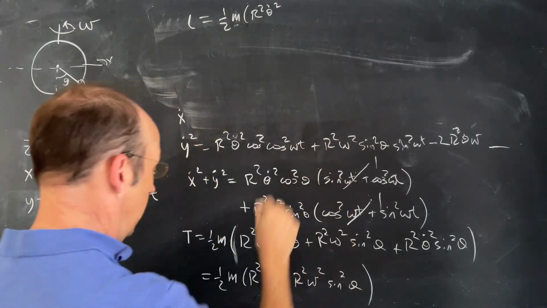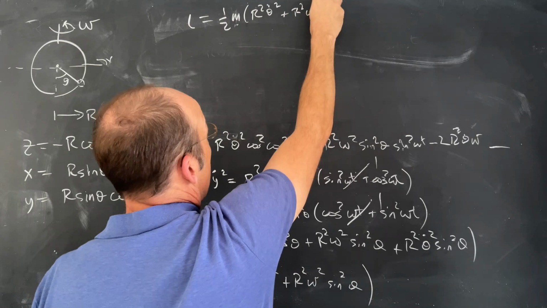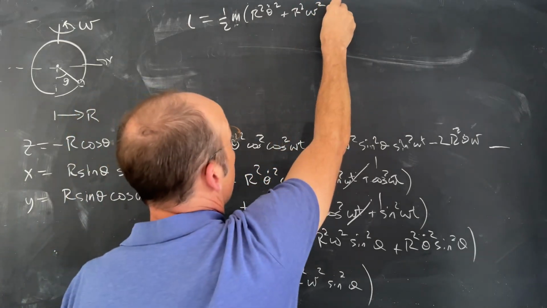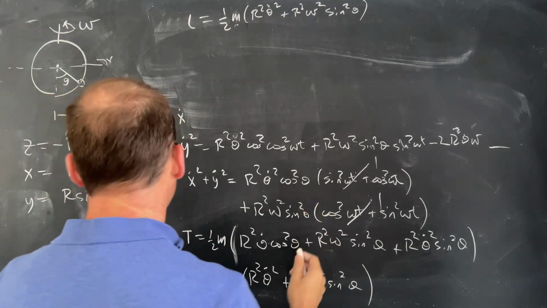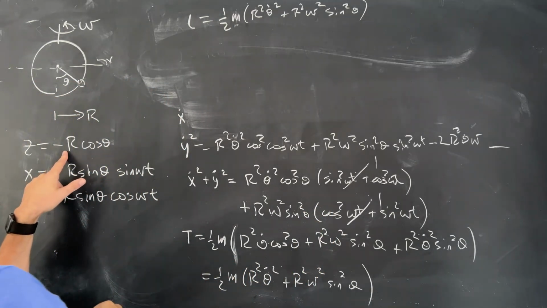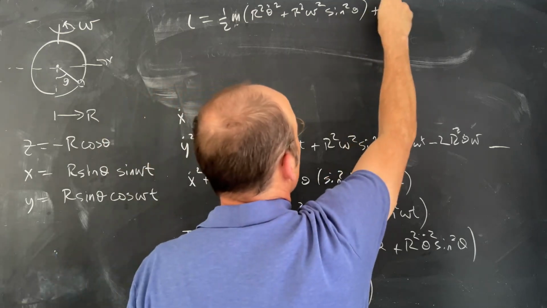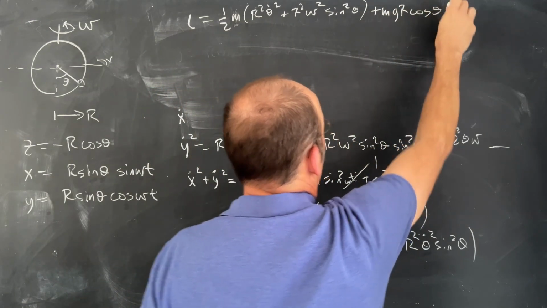Okay, I'm okay. And then minus the potential, and the potential is mgz, but that's got a negative sign right there, so it's going to be plus mgr cosine theta.